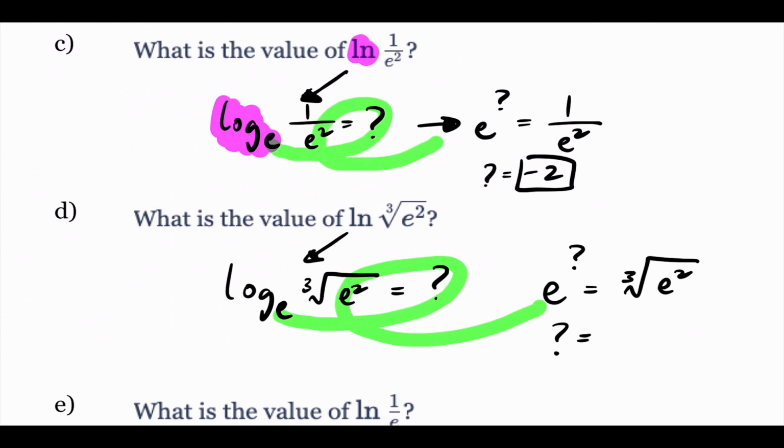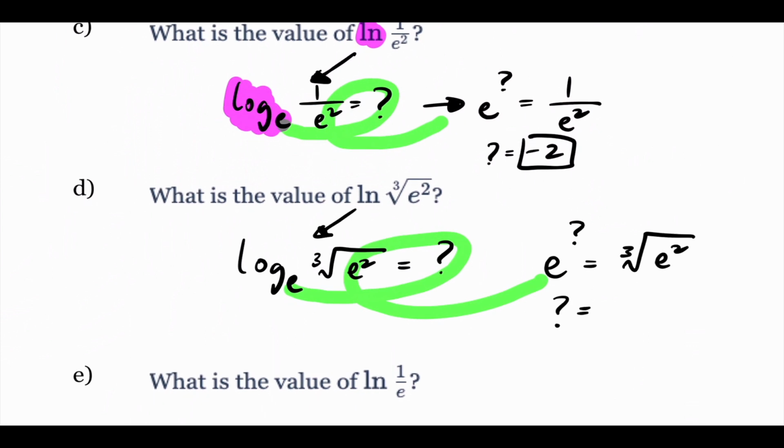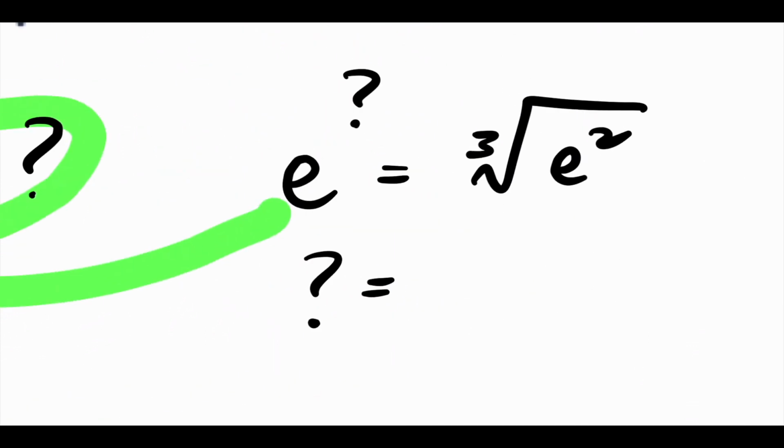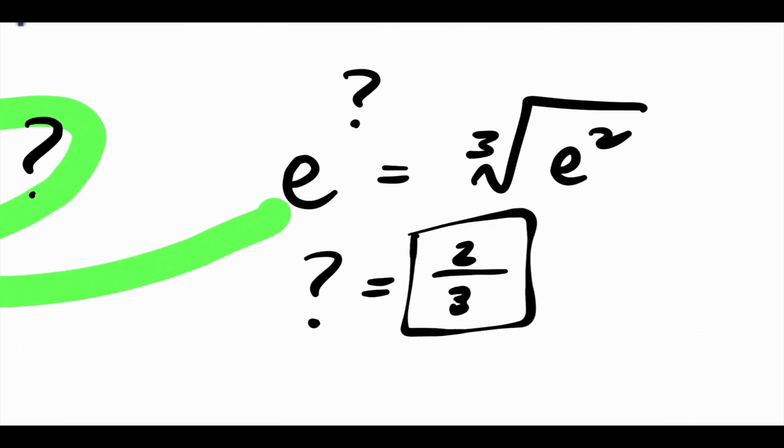What power would I need to make the third root of e squared? What power makes that? Yeah, so the top is the power, right? The power is 2. The bottom is the root, 3. 2/3. It would take a power of 2/3.